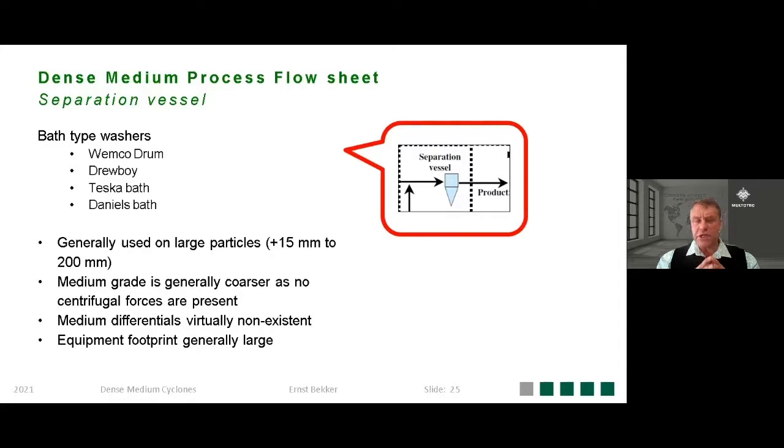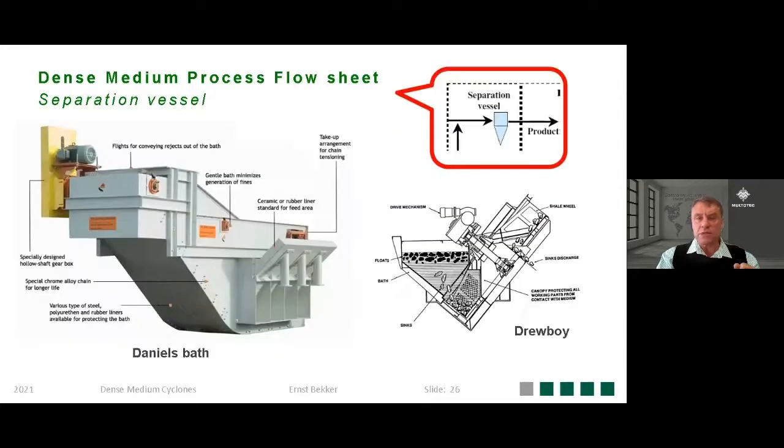Your medium differentials, a word you'll hear again later in a different presentation, is the difference in density between the overflow, or your float stream, and the sink stream, the media leaving those two positions. They've either got a similar density, then the differential is low, or they've got a high difference in density, and then the differential is high. The footprint is normally quite large for these pieces of equipment.